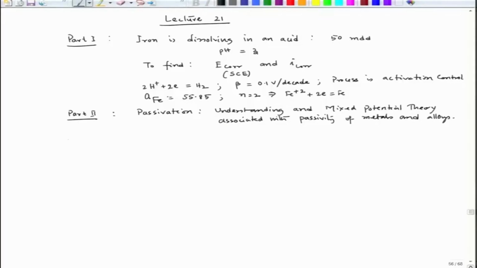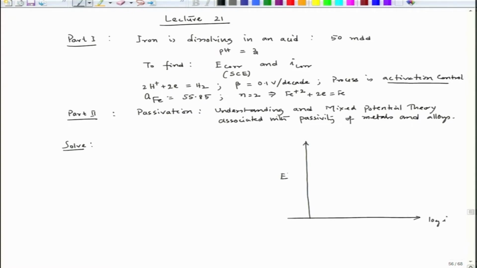So, let us try to solve the problem. Now, since it is mentioned activation control, that means we can draw the mixed potential theory diagram. This is log I versus potential.